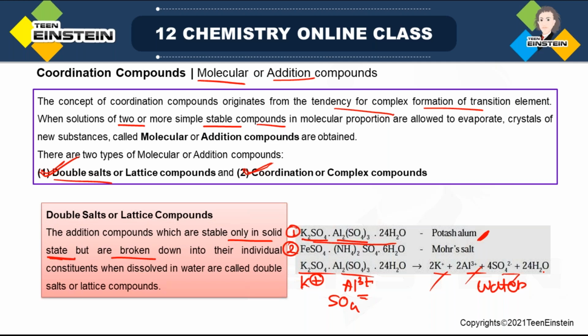But when it is in solid state, it is not the case. Now the formula is completely different. So this is all about double salt. Now the main difference with coordination compounds is that after dissolving in water, you will not get all these individual constituents as you get in case of double salt. So that is the main difference.